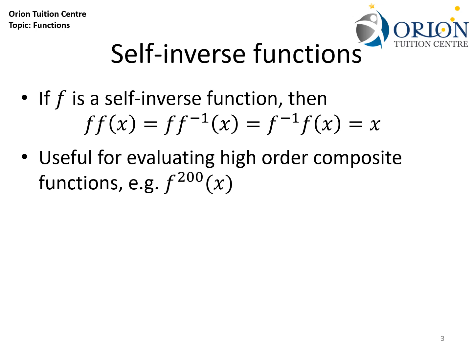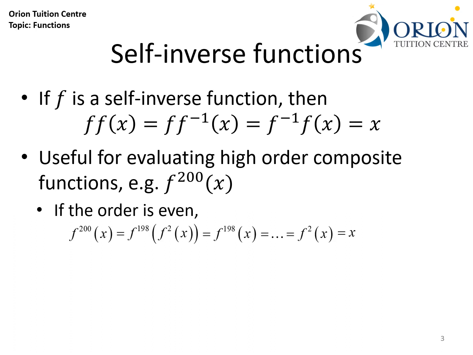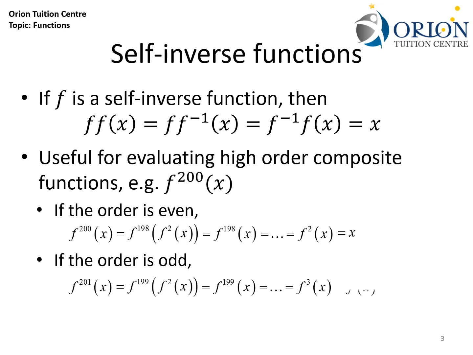If the order is an even number, say 200, we can slowly reduce it from f^200(x) to f^198(x) to f^196(x), and so on. Eventually, it becomes f squared x, which is the same as simply x. Likewise, if the order is odd, say 201, we can slowly reduce it until it becomes just f(x), as shown over here.